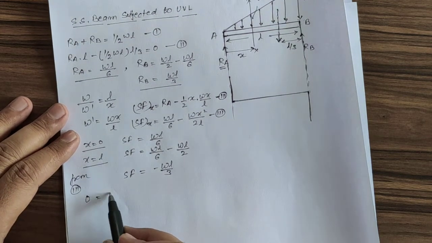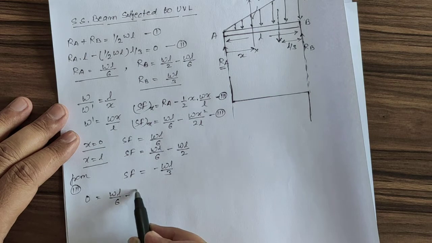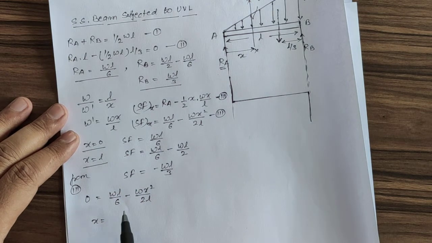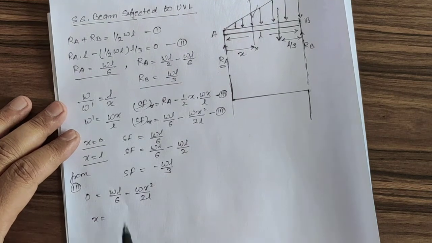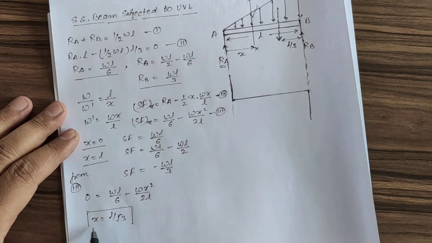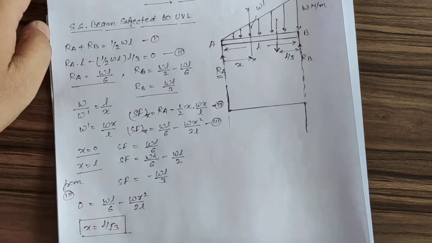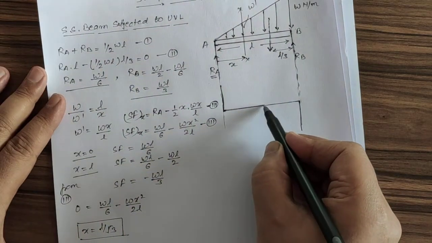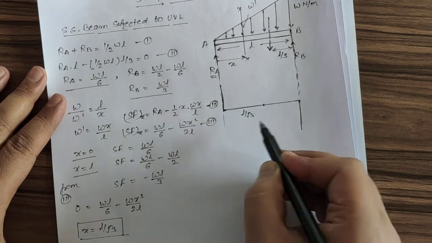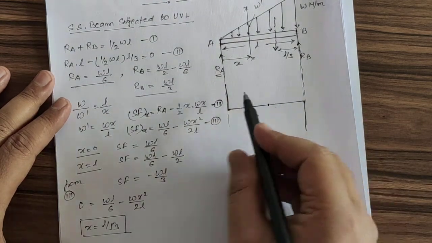So the shear force is 0 from equation 3: 0 equal to W L by 6 minus W x square by 2L. So the x will be equal to L by root 3. L by root 3 means that at this particular distance we will have 0 value of shear force. Okay.